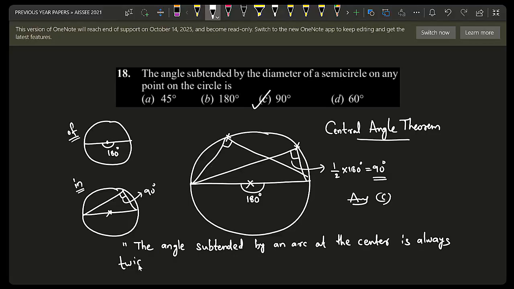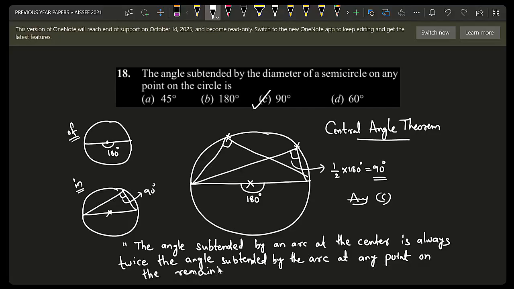Twice means two times. Always twice. The angle subtended by the arc at any point on the remaining part of the circle.